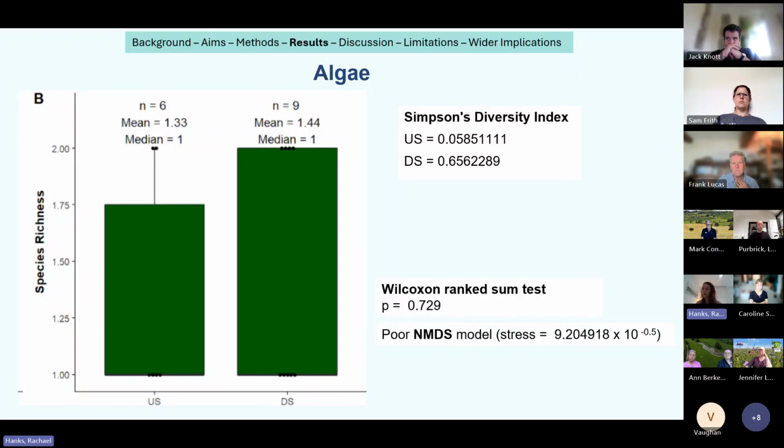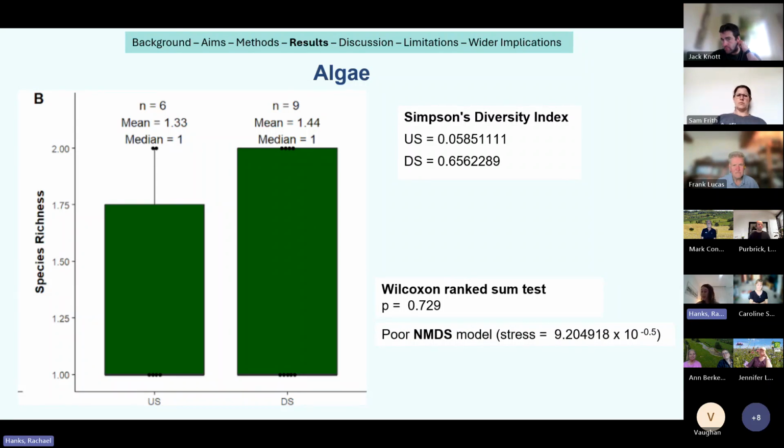It is very, very difficult in the field, and it's just very slimy. So that was a lot of fun. But there was no significant difference between the number of macroalgae upstream or downstream.